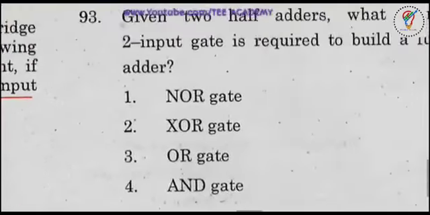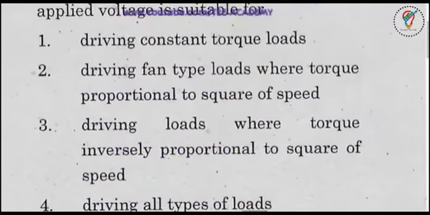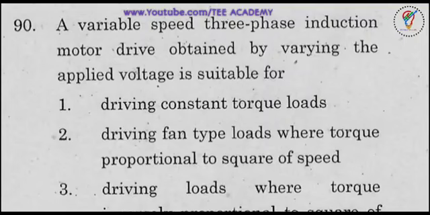We'll move to the next question here. Okay, see here, 19th question. A variable speed 3-phase induction motor drive obtained by varying applied voltage is suitable for... okay, generally a 3-phase induction motor drive or single phase induction motor drive whose speed can be varied by applied voltage only.